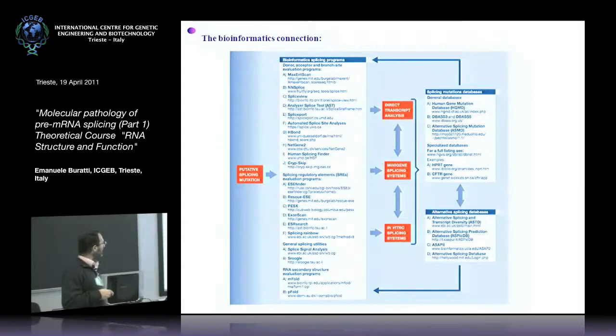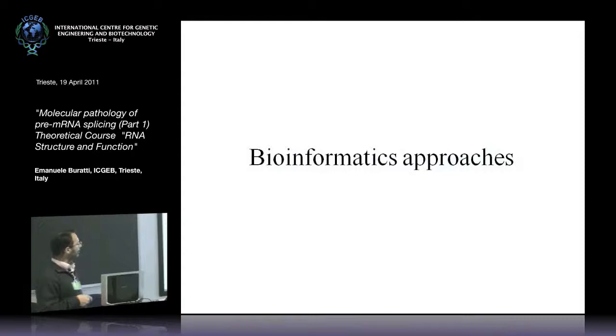And of course, it is very difficult to do this either using a minigene or just looking directly at the patients. And so a huge amount of effort in recent years has been dedicated to bioinformatics approaches that could be useful in predicting splicing mutations.